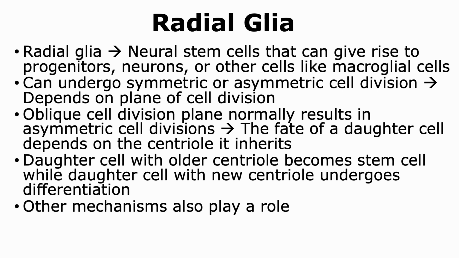While this is one mechanism that allows us to determine whether the daughter cells will be stem cells or undergo differentiation, there are other mechanisms that also aid in determining whether the radial glial cell will undergo symmetric or asymmetric cell division.